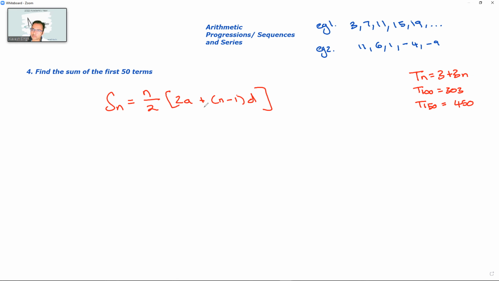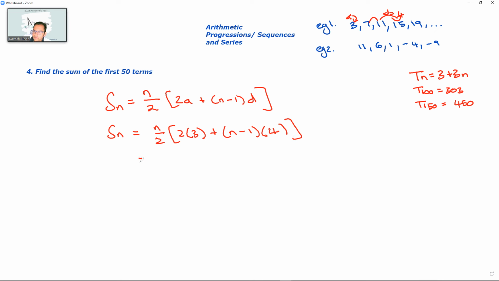Now, with this, my a value, remember, is still 3, and my d value, or my common difference, is 4, because I'm adding 4. So my sum to n terms is going to be given by substituting a as 3 and d as 4.